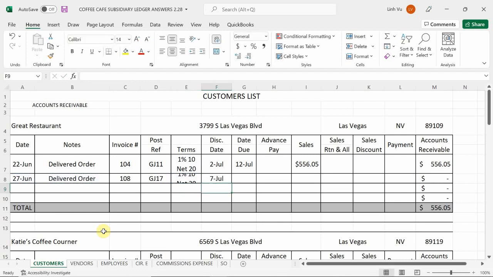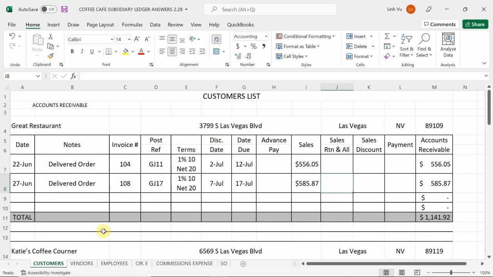That means if they pay within 10 days, by July 7th, they receive a 1% discount. If not, the entire bill is due July 17th, for a grand total of $585.87. Therefore, as of right now, Great Restaurant owes me a grand total of $1,141.92.